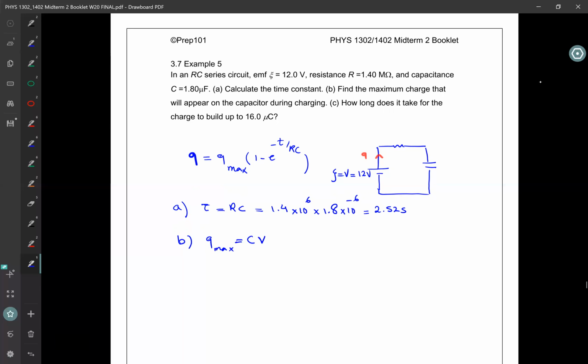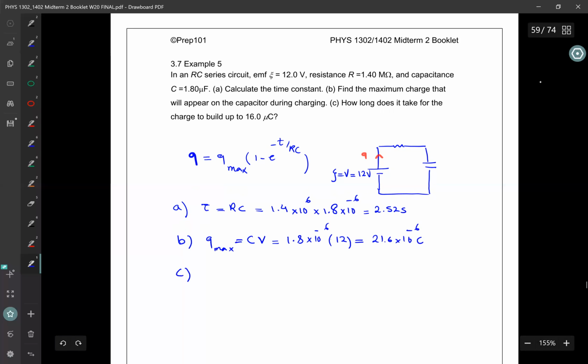At the moment that the capacitor is full, the voltage across the capacitor is the same as the voltage of the battery. So all I will do here is multiply the capacitance by the voltage of the battery, which is 12 volt. I will get 21.6 times 10 to the minus 6 coulomb.